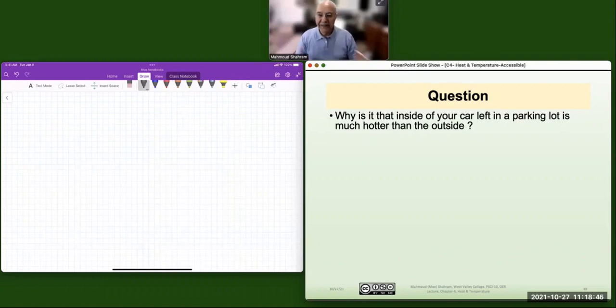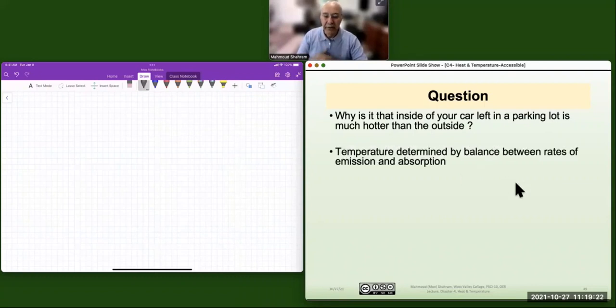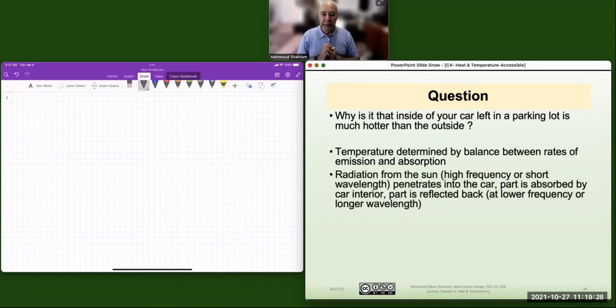When it gets reflected, the reflection would have higher wavelength than the original that came in. So the original wavelength of the light can penetrate through the windshield, but the reflected light from inside gets trapped in the car. And once that happens, the temperature of the car rises.